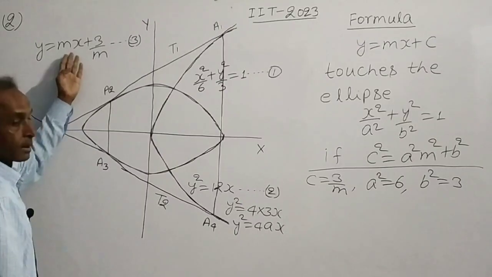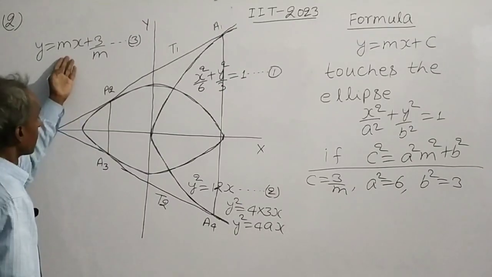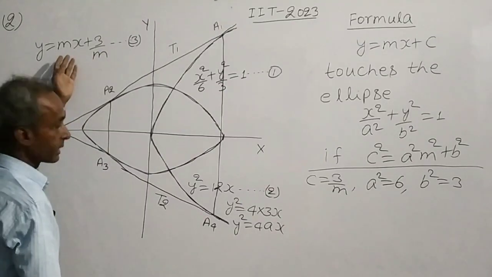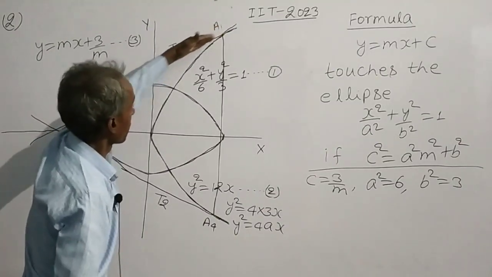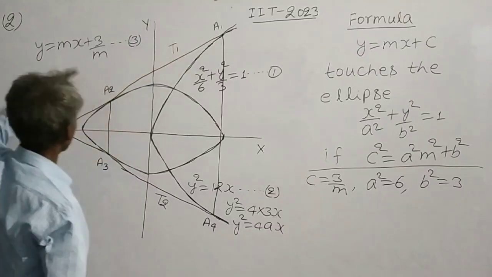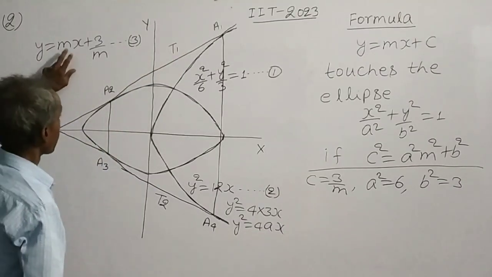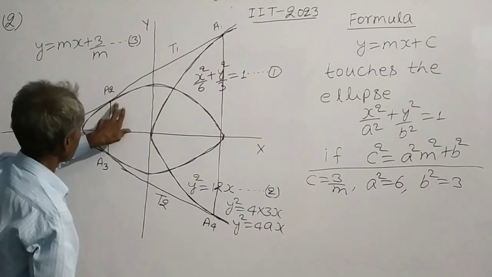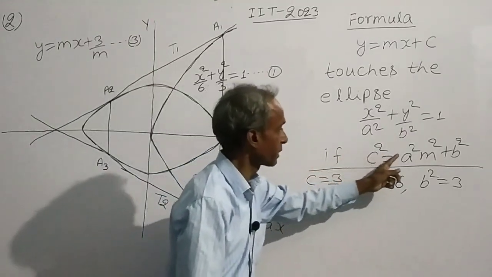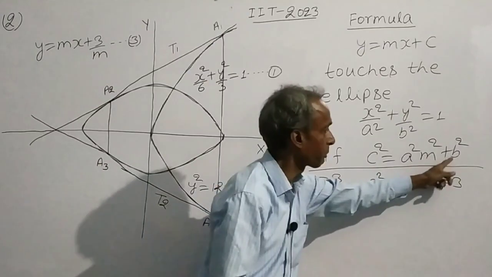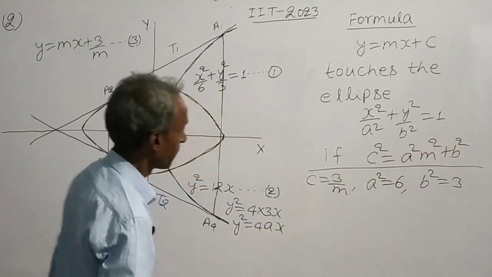Therefore, this is the equation of a tangent to the parabola. This line will also touch the ellipse if the condition c square is equal to a square m square plus b square is fulfilled.